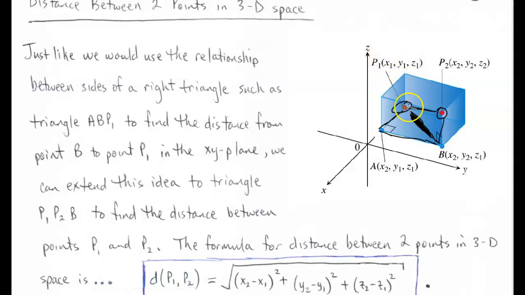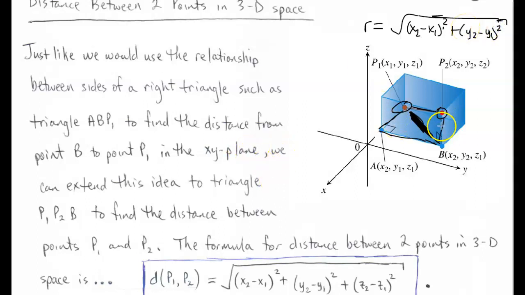But we know that the hypotenuse of this real thick line that I'm drawing here is just going to be the square root of x2 minus x1 squared plus y2 minus y1 quantity squared. Okay, so that's what that ends up being.